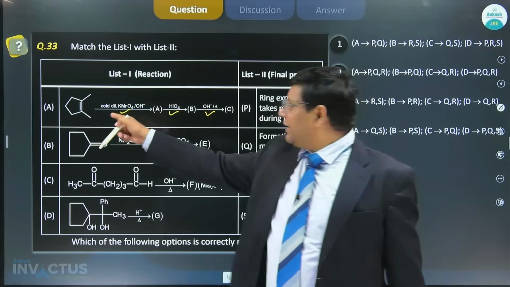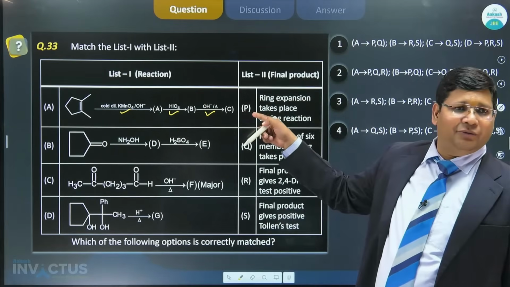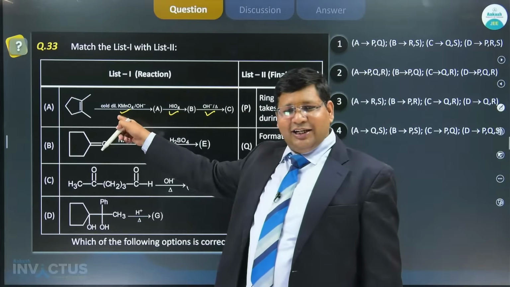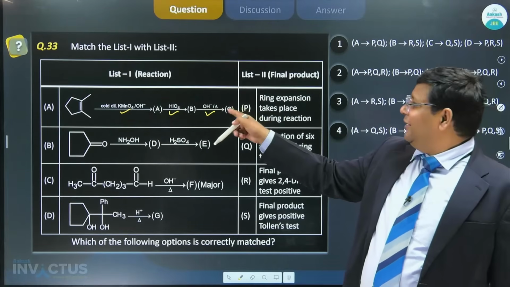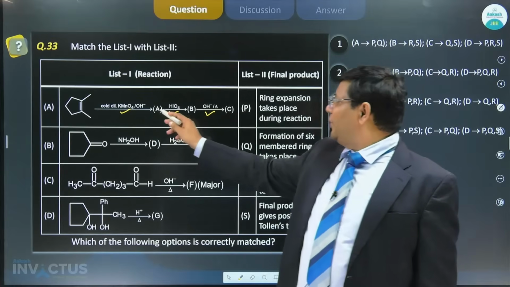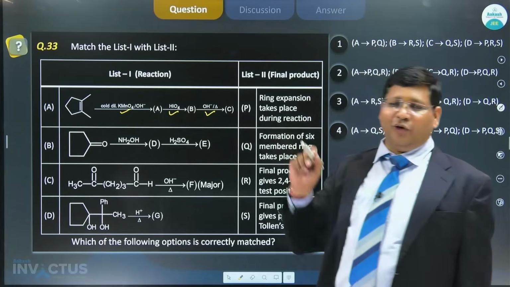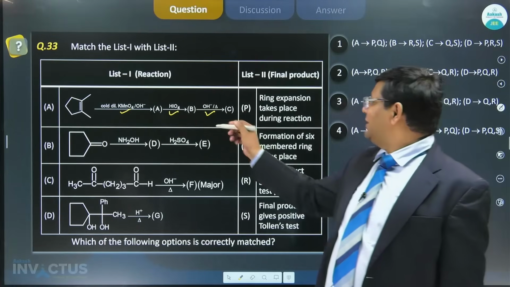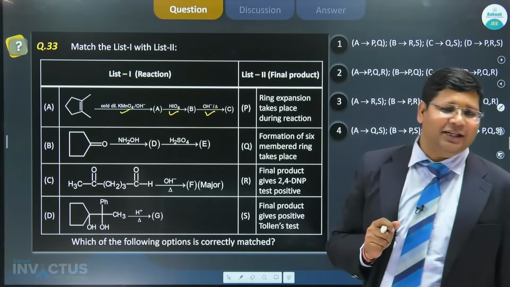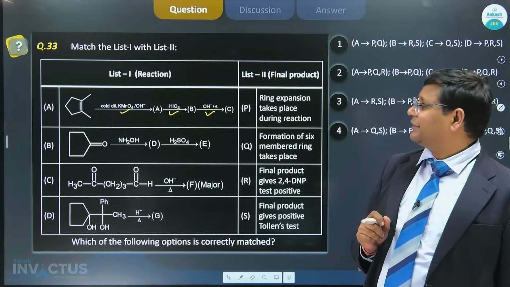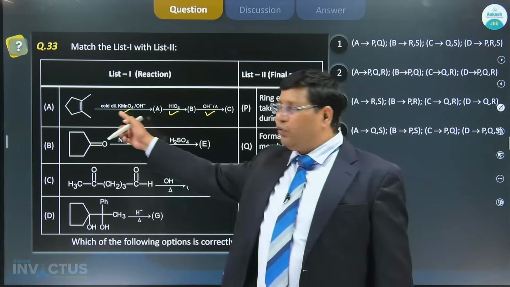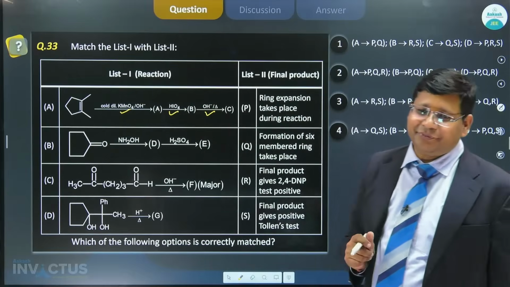See, in one reaction there are three concepts involved. Hydroxylation, right? Cold dilute KMnO4 is A, HIO4 is B, and OH minus with heating will give you C. In this particular case, first we can go for the addition reaction.